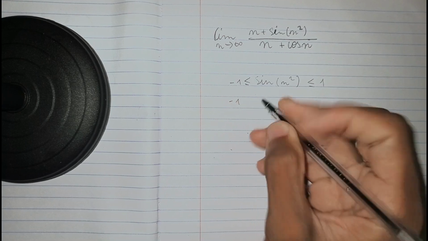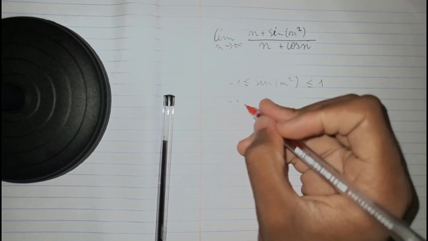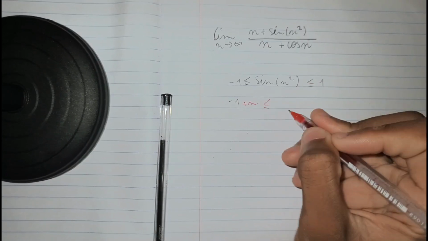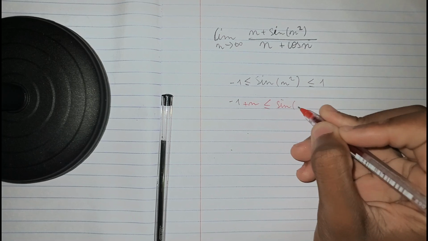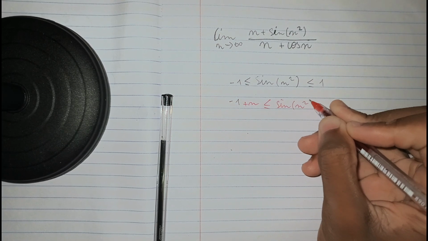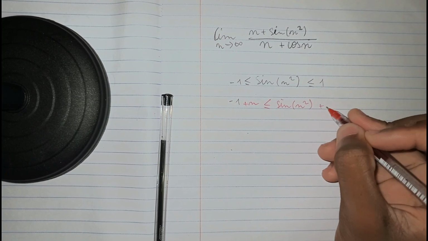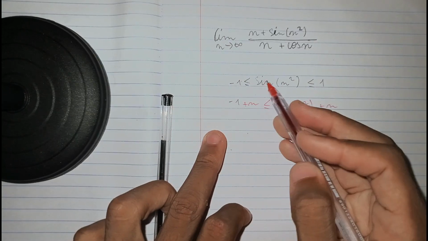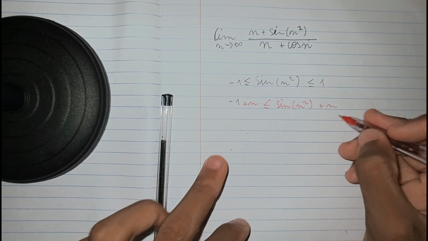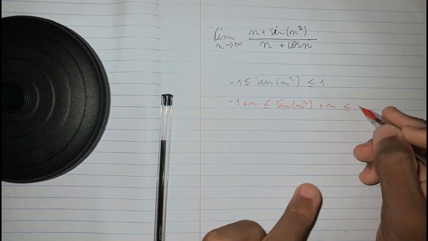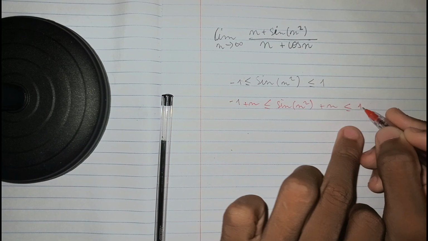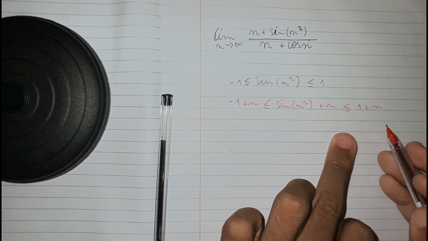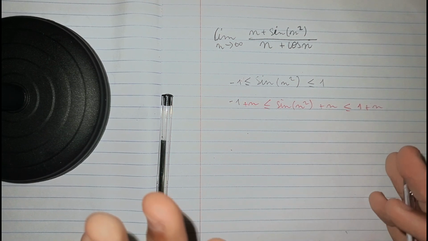So we are going to add n here, and then we get sine of n square plus n, as we are adding all these here, so we get 1 plus n, right?